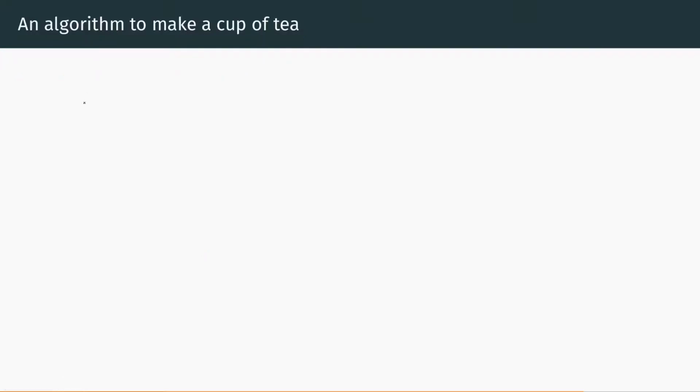Imagine you have a coffee machine. Think about espresso machines, a high-end espresso machine. What the espresso machine has internally is an algorithm to make a cup of coffee. Let's talk about lattes.